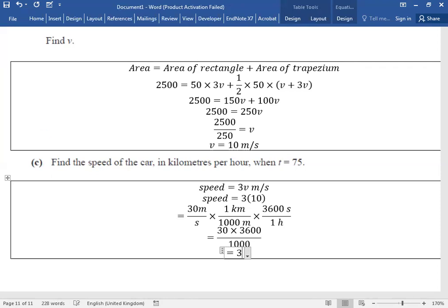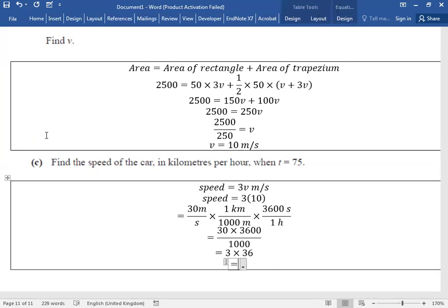Zero सारे नीचे के cancel हो गए, ऊपर के भी, तो you are left with 3 into 36, which is 108.